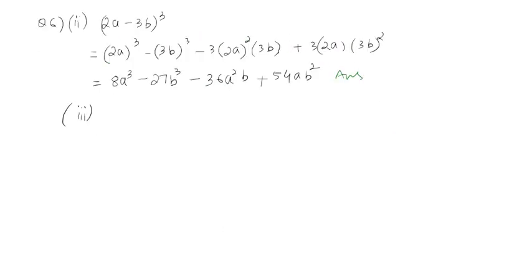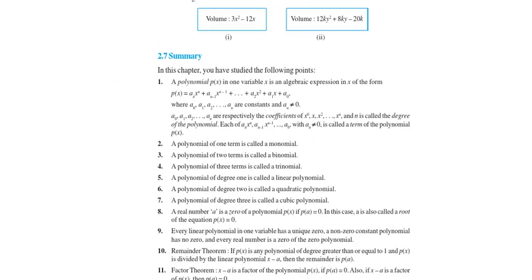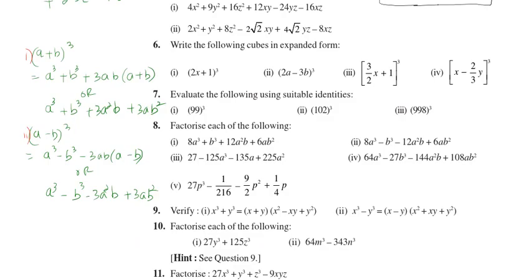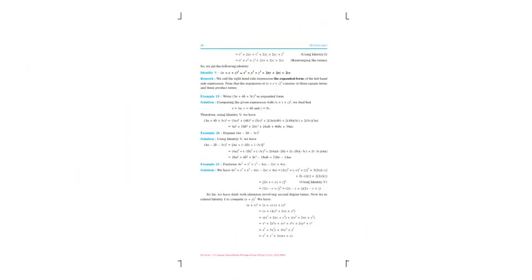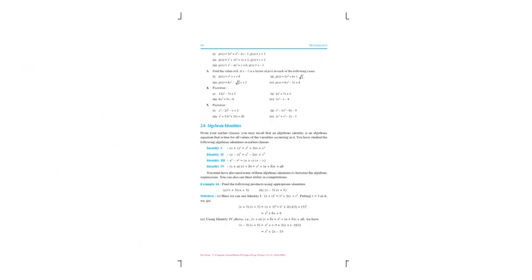All these identities are there in the book. I'll show you where. This is the last page of your book. On the last page of your book, you will get a summary. If you see the summary page, all the identities are here. So don't worry, the identities are there. In fact, this is also there in the book at the front. It's written here on page number 44.